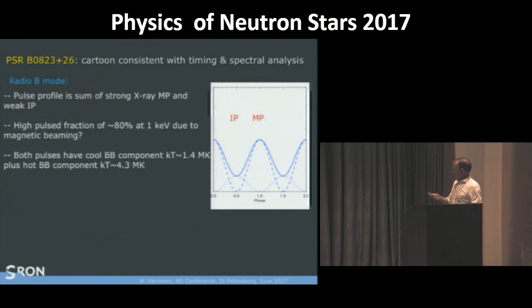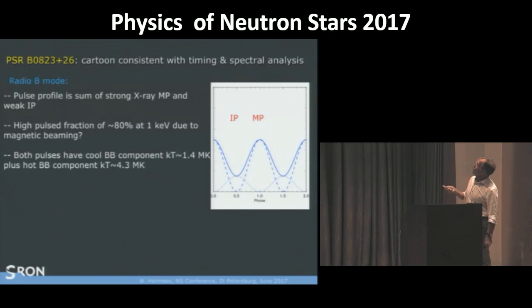Again, here we can explain, let's say, this as a sum of two profiles, an interpulse and a main pulse. Of course, it's a bit shifted compared to the radio by 0.2. Let's say both pulses have a cool component and a hot component of 1.4 million Kelvin and 4.3 million Kelvin.